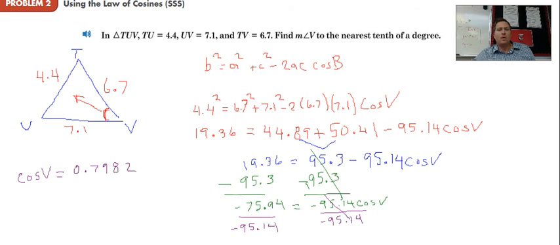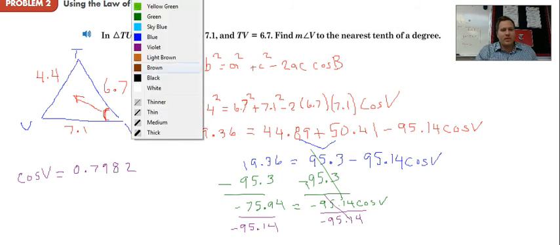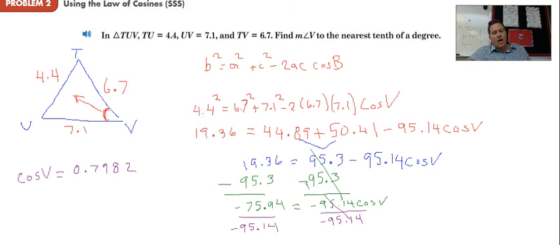Just like we've done before with the law of sines or SOHCAHTOA, if I'm trying to find what V is, I need to do the inverse of this. What is the inverse of cosine? That's cosine with that negative 1, so I have to do that to both sides.